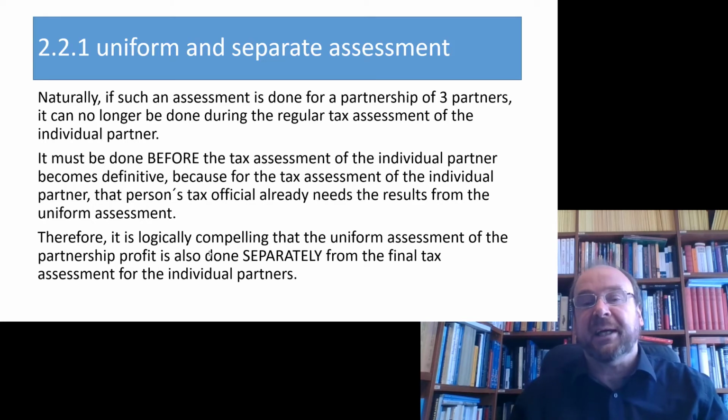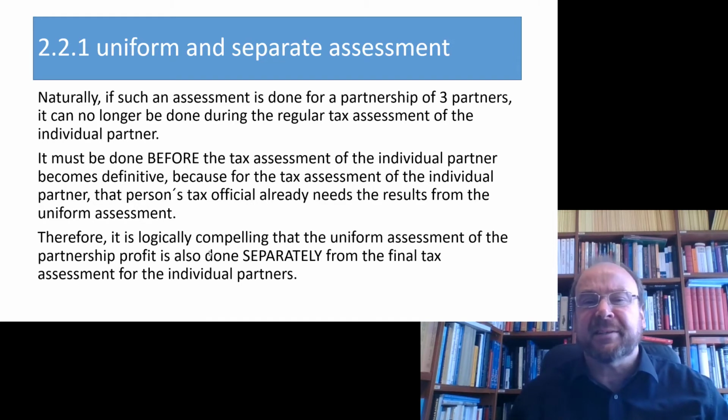The partnership hands in a tax declaration. The partnership profit will be checked and determined by tax assessment. That's the uniform and separate assessment, because it is done separately from the overall income tax assessment of each individual partner, because you need that result separately in advance.